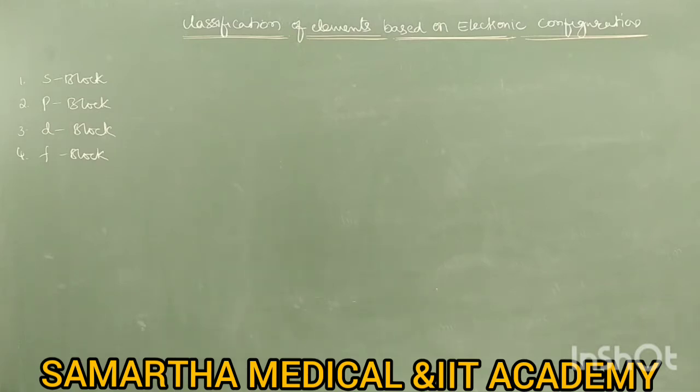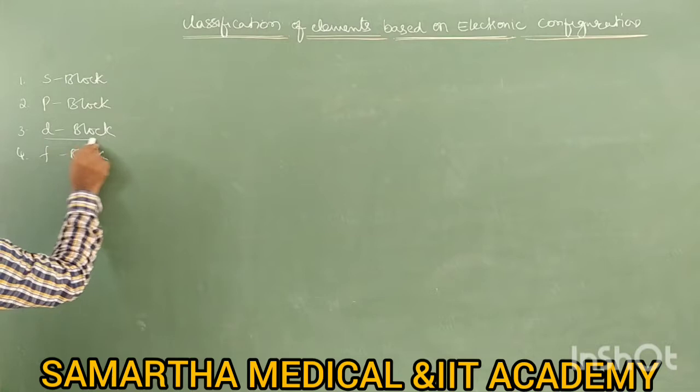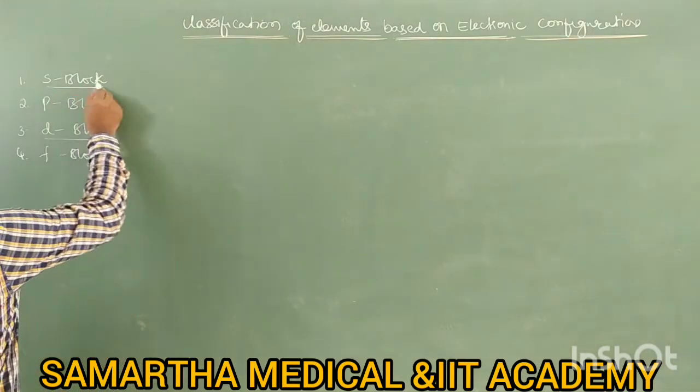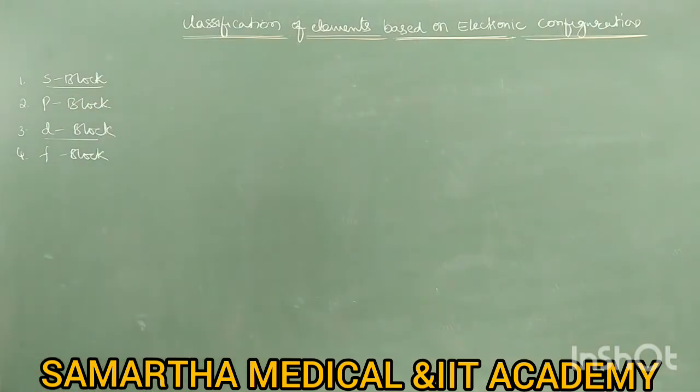Right. Before starting D block element, I would like to remind you what we have studied in S and P block elements. The definition of S block element is: the elements in which the differentiating electron enters into s orbital. What is the meaning of differentiating? The last incoming electron. If the last incoming electron enters into s orbital, it is called S block. If the last incoming electron, or differentiating electron, enters into p orbital, it is called P block.